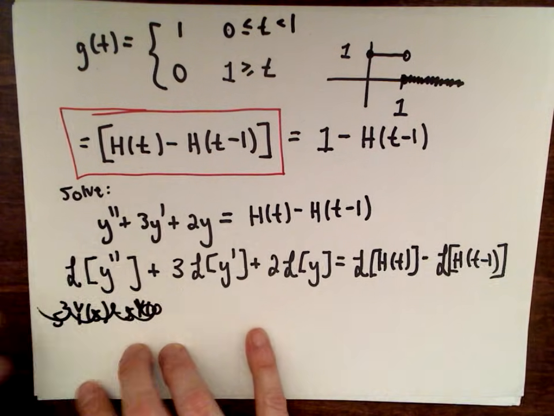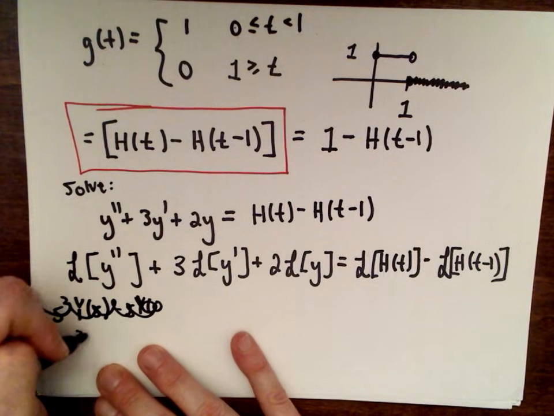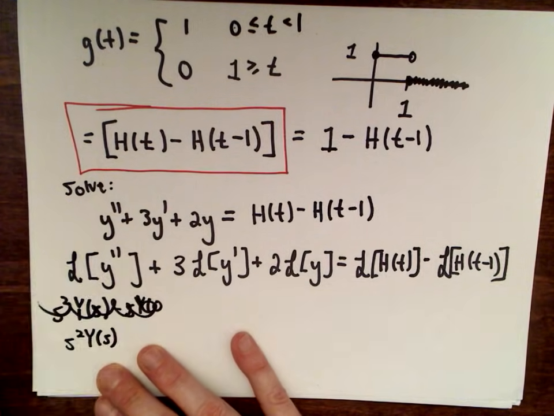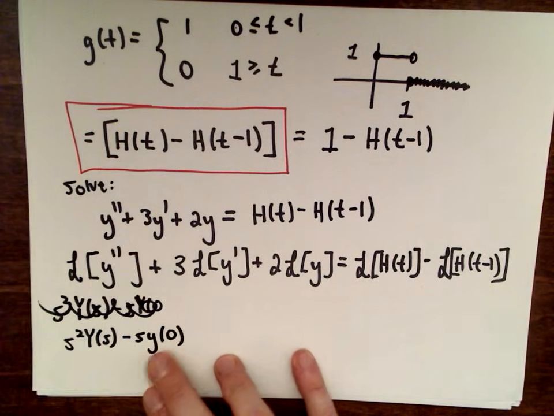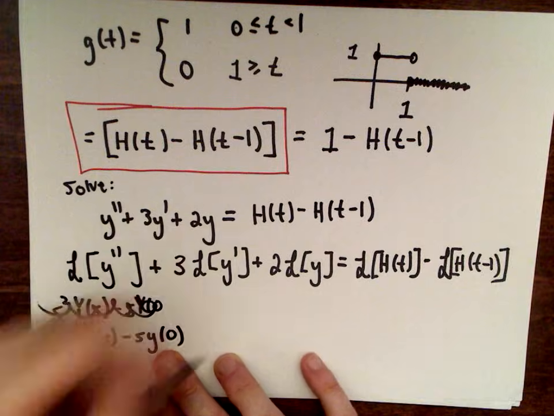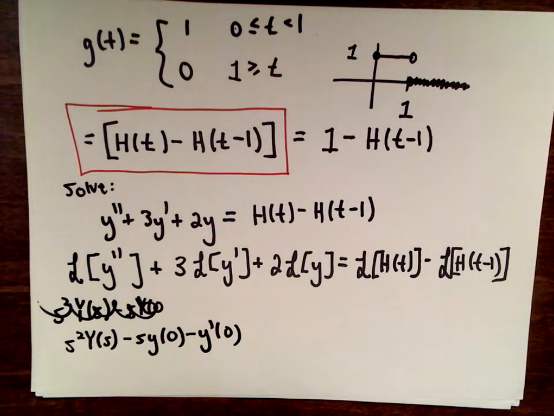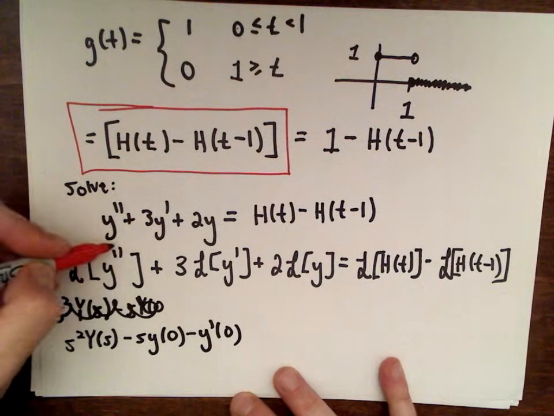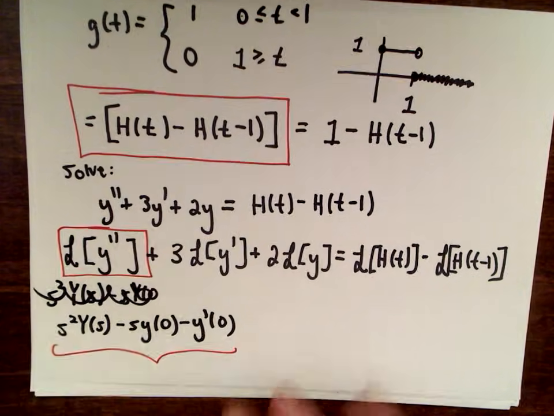I've got to be careful here with our capital Y's and our little y's. So it's s squared capital Y of s minus s times little y of 0. This is where our initial conditions come in. Minus y prime of 0. I'm just using the formula for the Laplace transform of y double prime. That's this part. And then we'll just keep going.